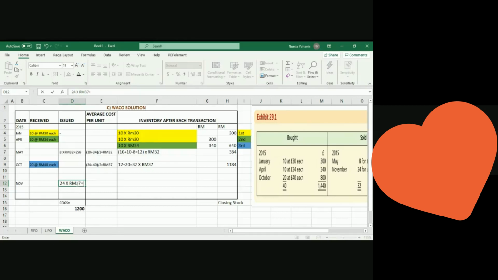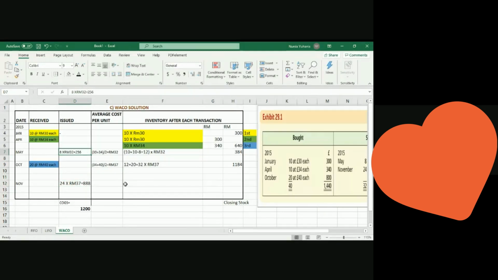Yes. So you will get 888. 888 ringgit. Okay.